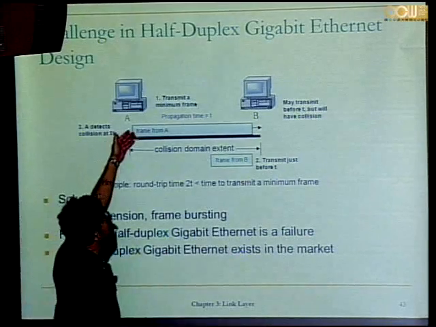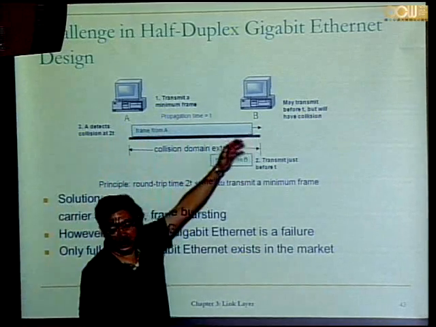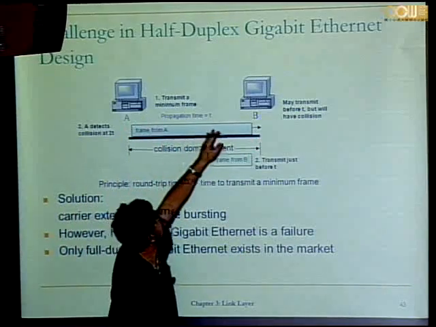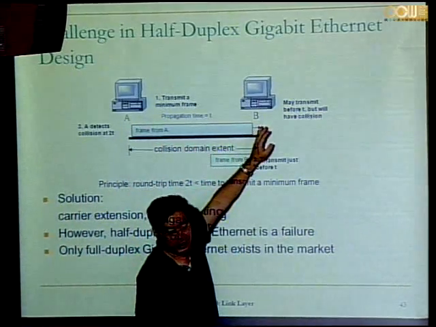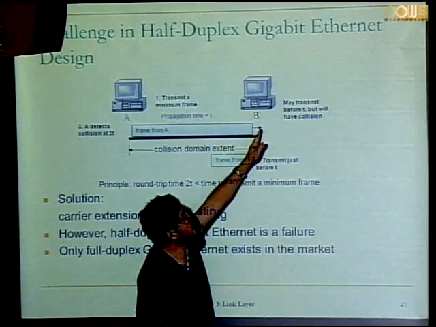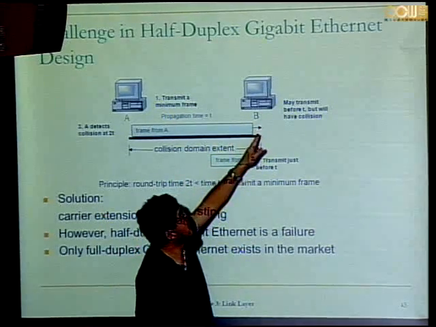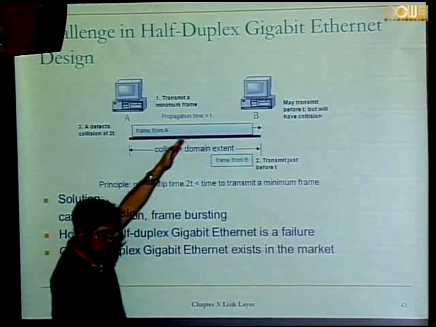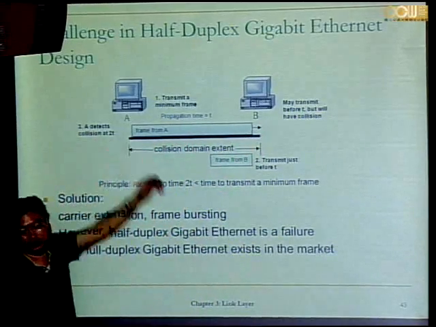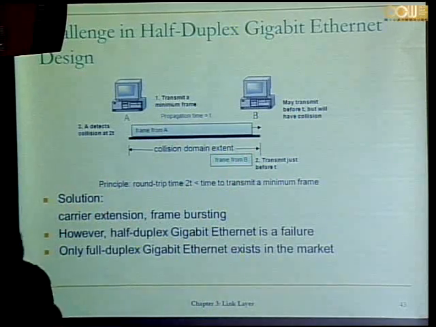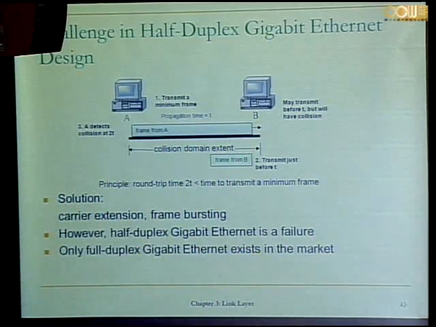In the worst case, the first bit takes a one-way propagation time, then gets hit by the frame from B, so it takes another one-way propagation to reach A. So the worst case is the round trip time. Within one round trip time, A detects there's a collision.